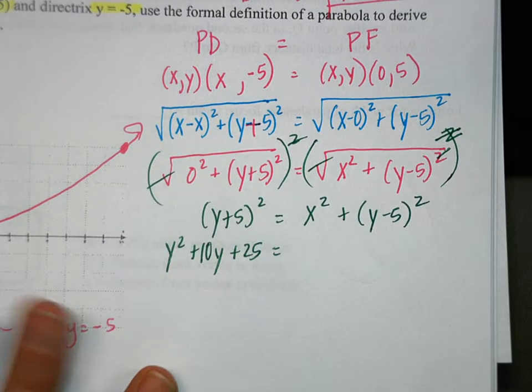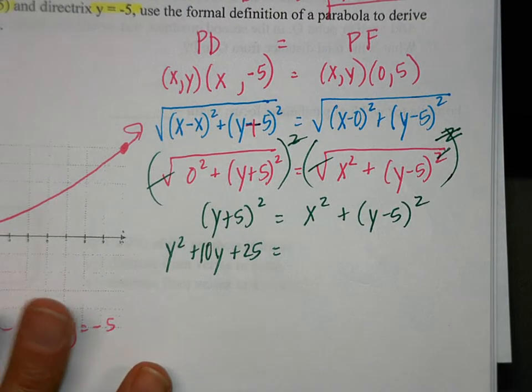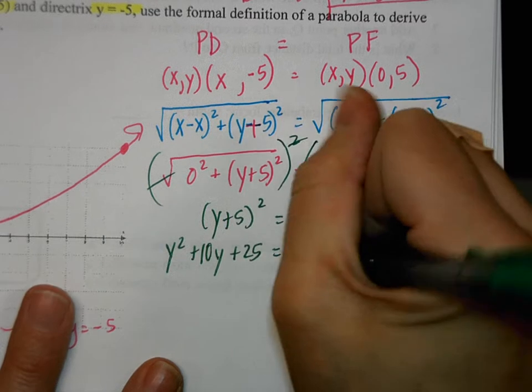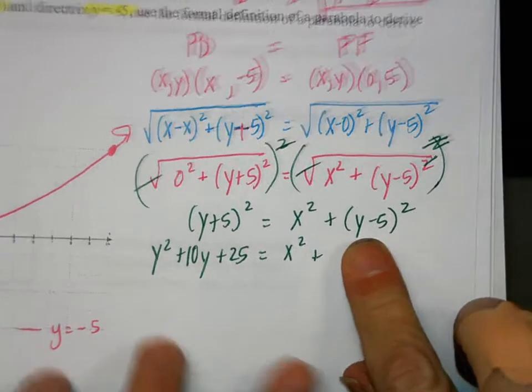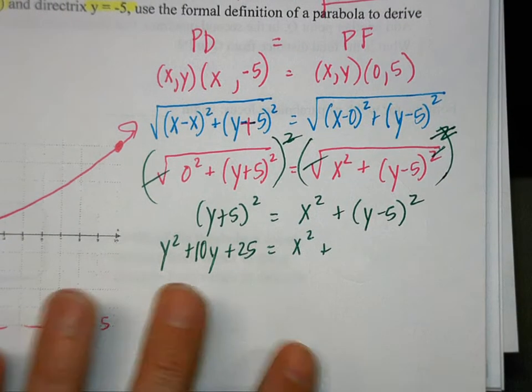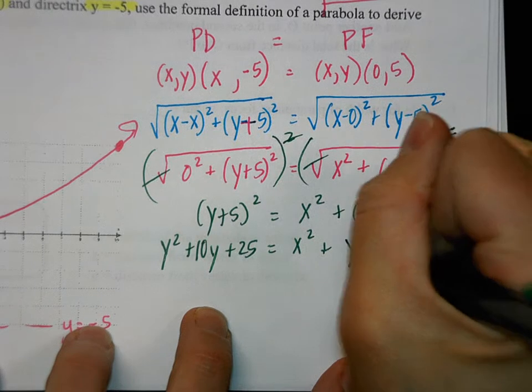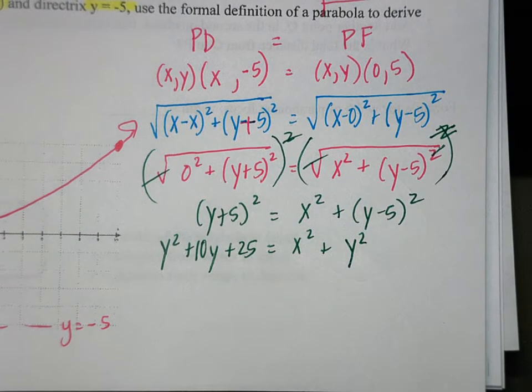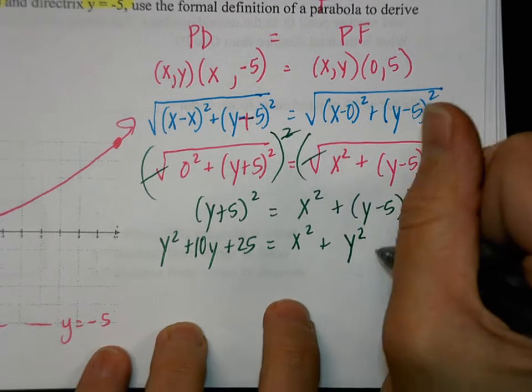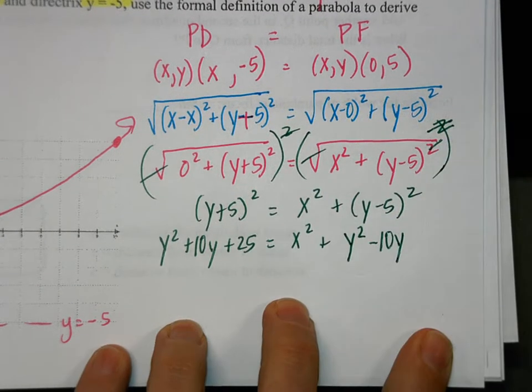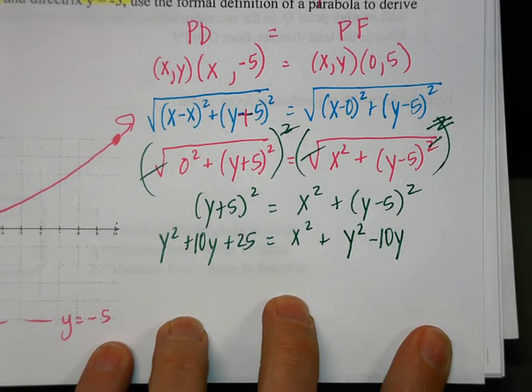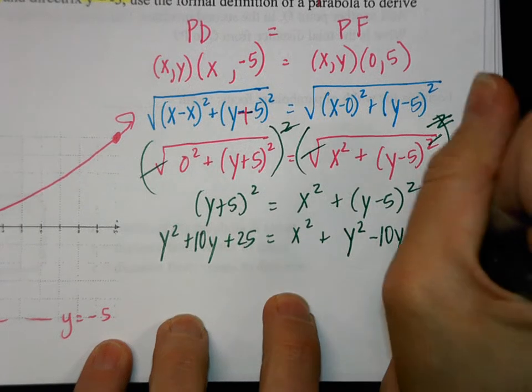Is that okay that I do that without the Punnett square? Okay, and then we have x squared plus, on this one we'd have y times y, which is y squared. My middle term would be negative 5 plus negative 5, which makes -10y, and my last term is -5 times -5, which is positive 25.